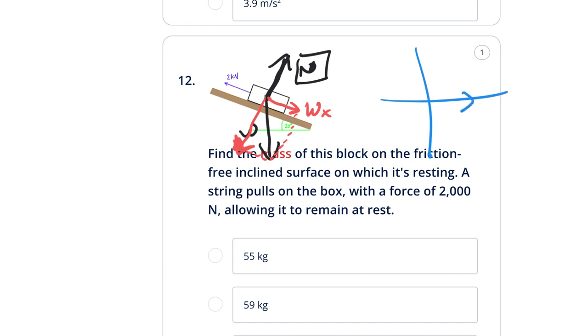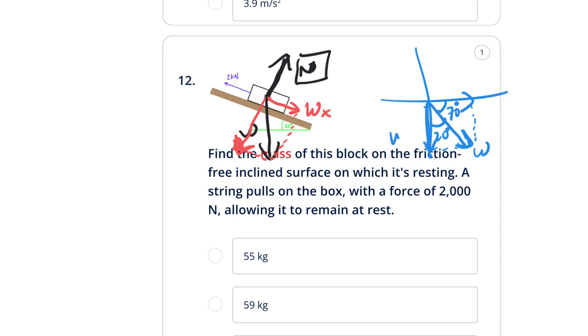Here's the weight right here at 20 degrees. Remember, the angle always goes between the weight and the y-axis. So really, I'm concerned about the 70 degrees here when I find out what the Wx and Wy are.